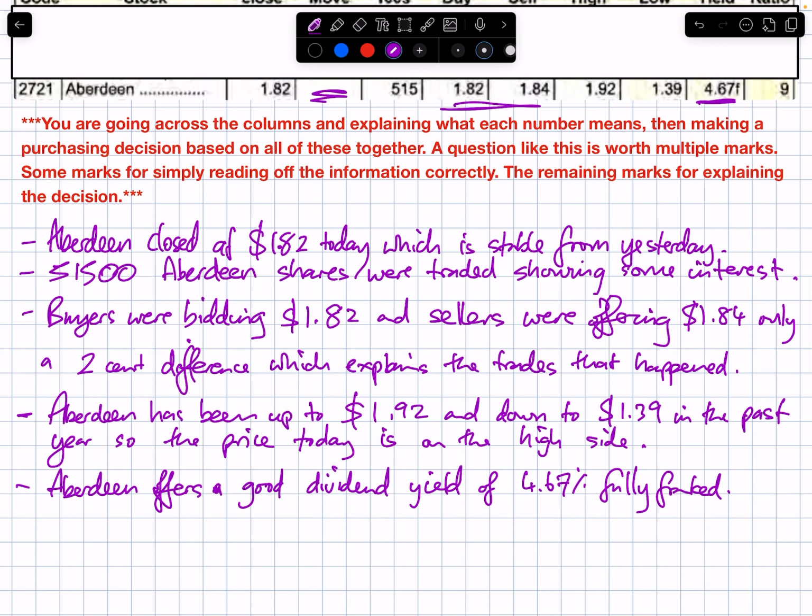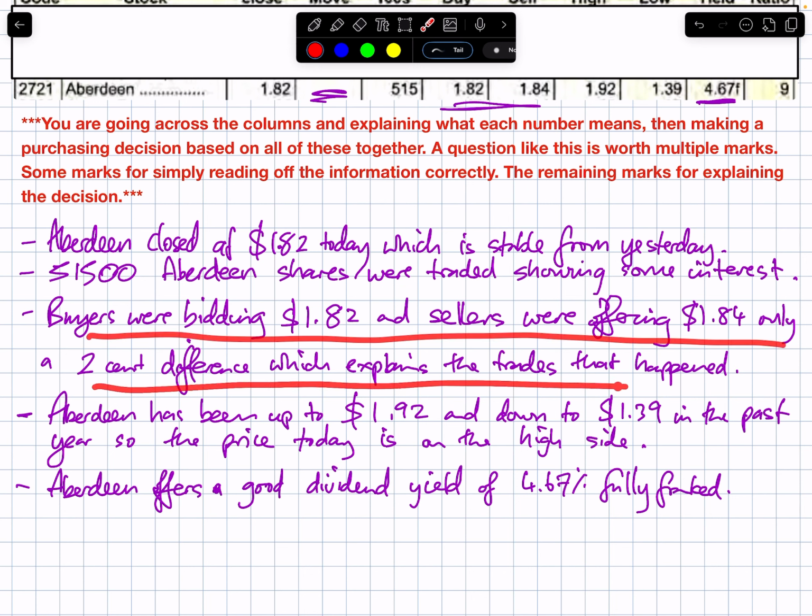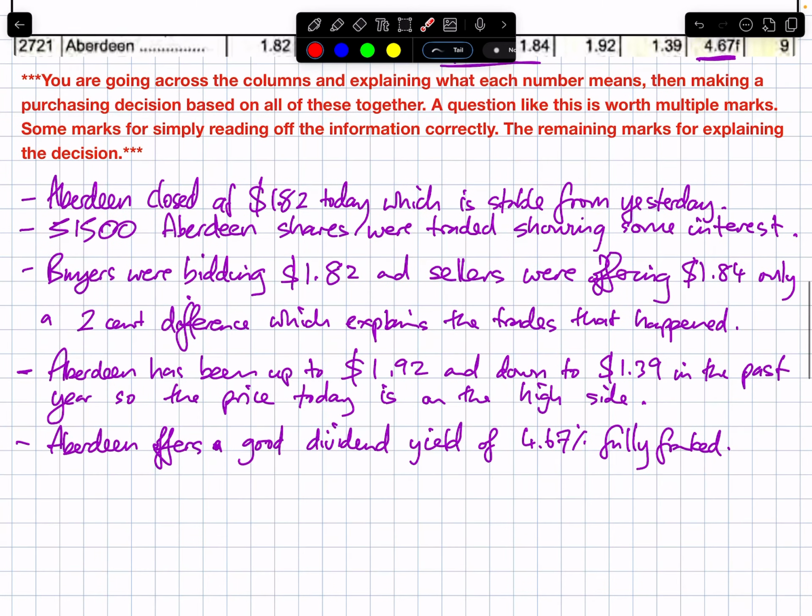So this story, we have a negative, it didn't move from yesterday. A positive, there was quite a bit of trade. A positive, the prices between buyers and sellers was quite close, so that meant trades were more likely to go through. This is the biggest negative.